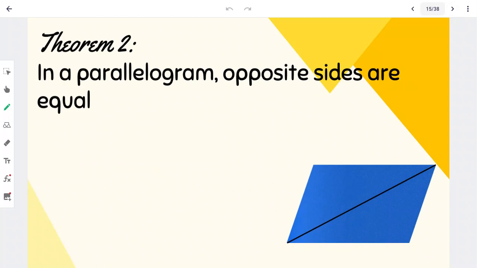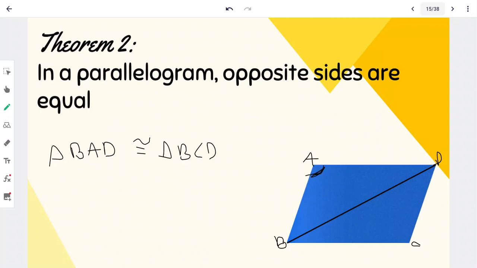Now let's move towards theorem 2. Theorem 2 says that in a parallelogram opposite sides are equal. Now if you look over here, in ABCD, we proved that triangle BAD is congruent to triangle BCD. Now, what are the opposite angles?